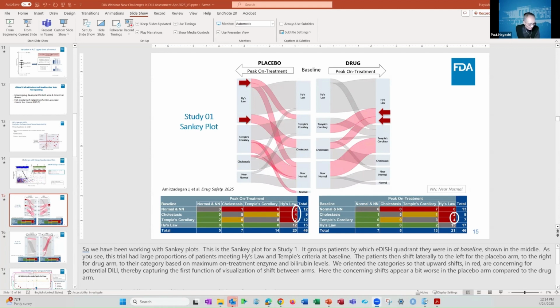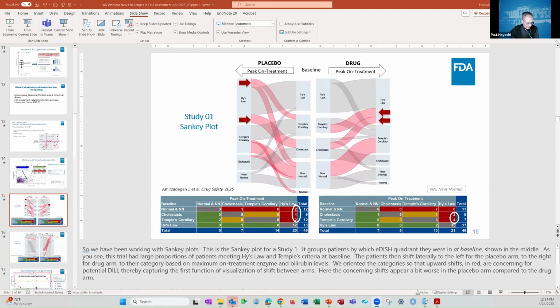If the cases show reversible injury and the ALTs are not exorbitantly high and you have nothing up in Hy's law, then yeah, we're going to say, well, it has the potential, and we attribute it to the drug. We'll get into labeling, but would it be a showstopper if the exposure population is fairly high?